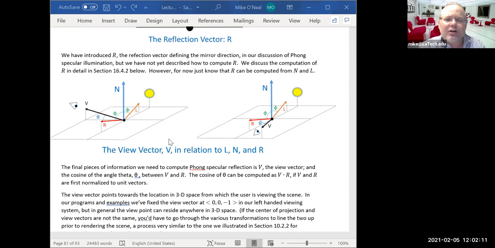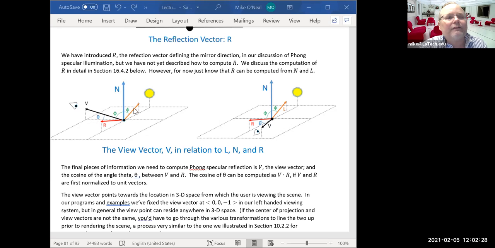Another thing here that I try to make clear is that N, L, and R are in a single plane. The light rays come in, they bounce off, and they bounce off in the same plane.